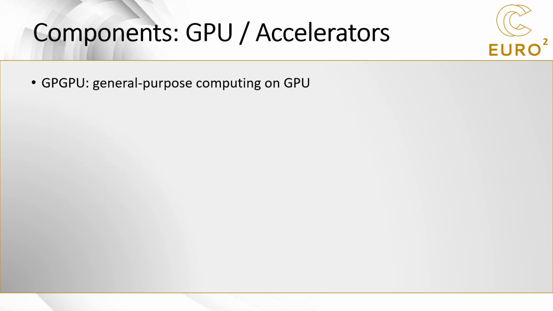GPUs, or graphic processing units, can be used for high-performance computing and are no longer uniquely used for image processing and video games. Such GPUs, used for general purposes, are called GPGPUs. CPUs and GPUs serve different functions.